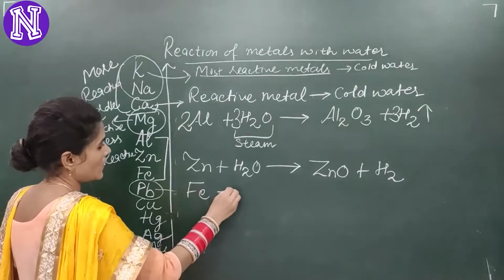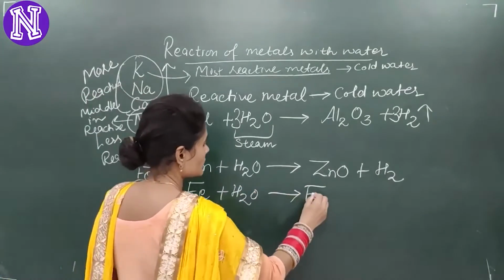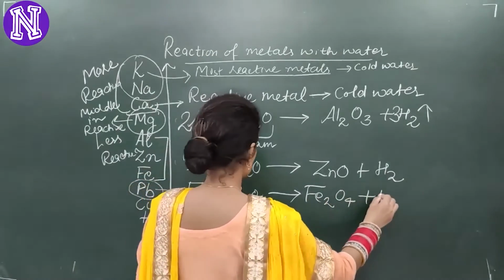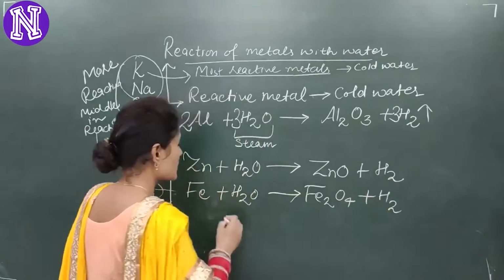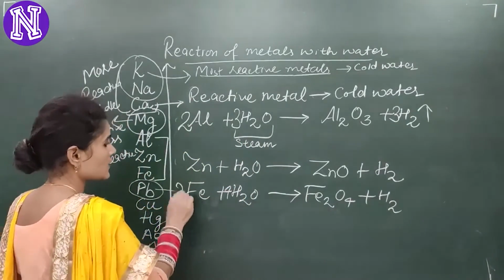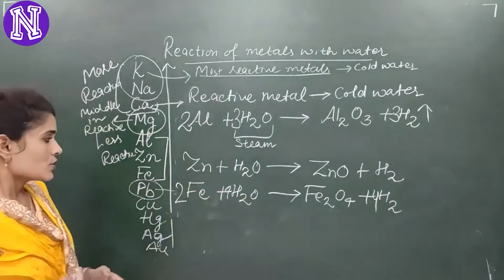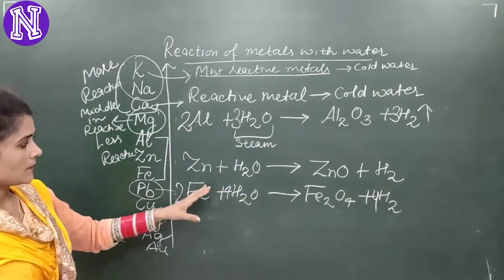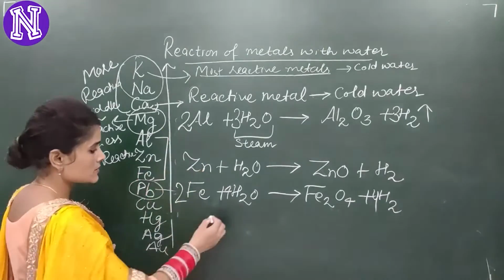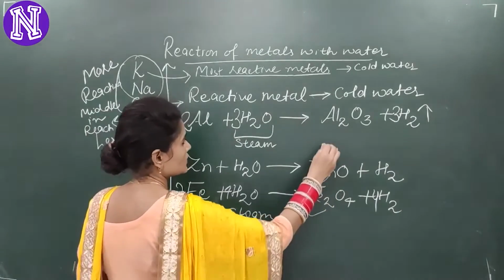Whereas in case of iron, iron oxide and hydrogen gas are formed. So students, these are the reactions of aluminium, zinc and iron with the steam. So these are the products.